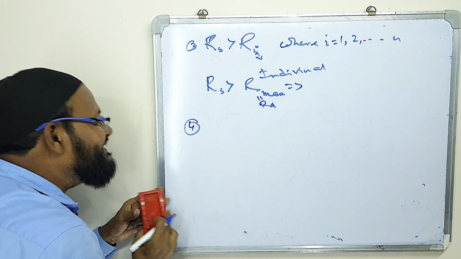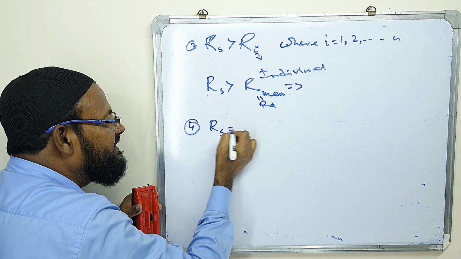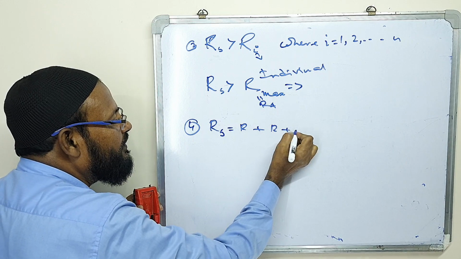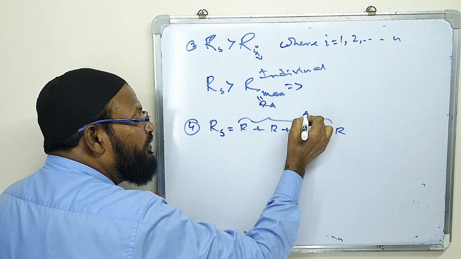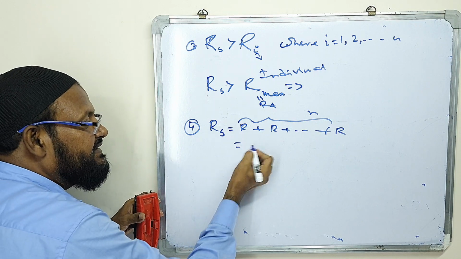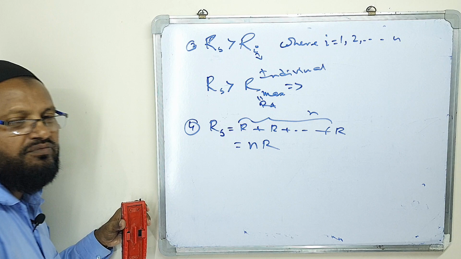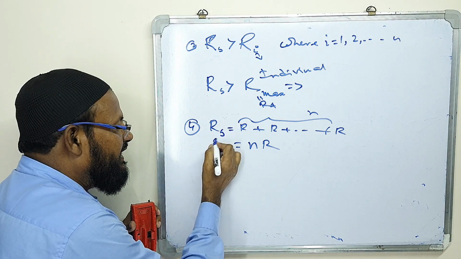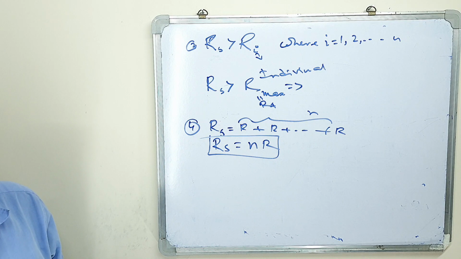Fourth part is, suppose all are the same. All are the same. What is the formula? Here to here, how many resistances? N. Suppose 3, or n. This is important. What is the formula? Sir, Rs is equal to nR.